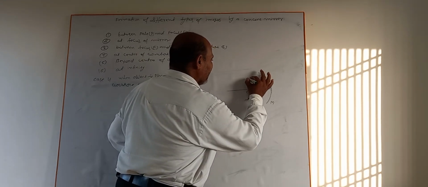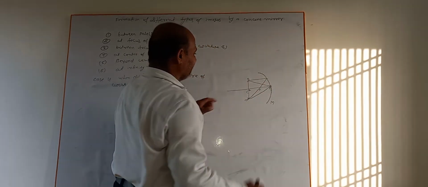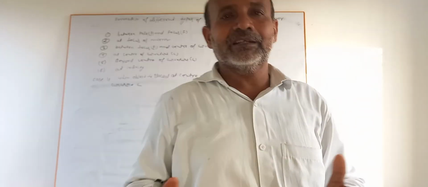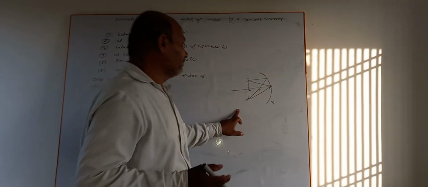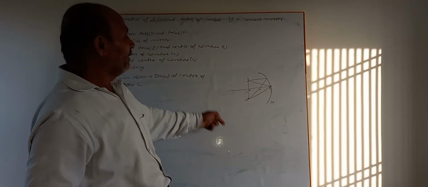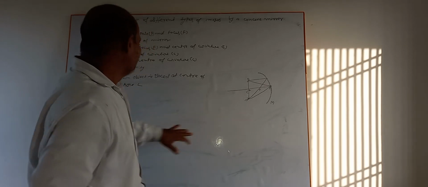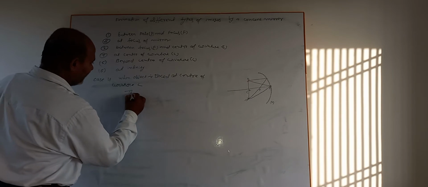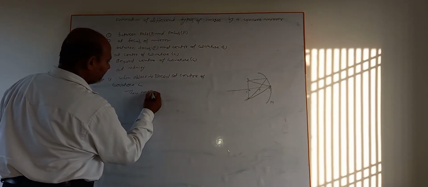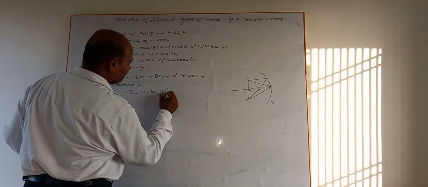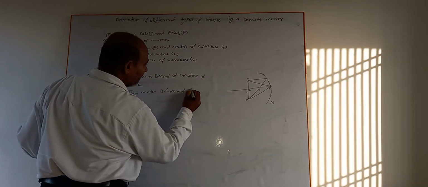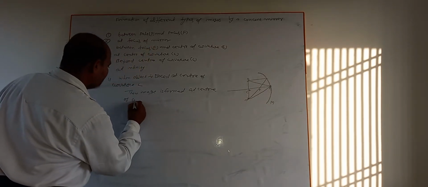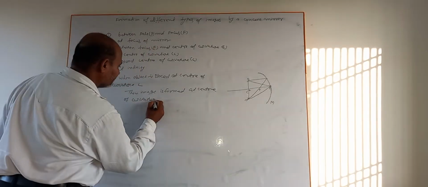An object AB is placed at center of curvature. When an object is placed at center of curvature of a concave mirror, then the image will form at the center of curvature.